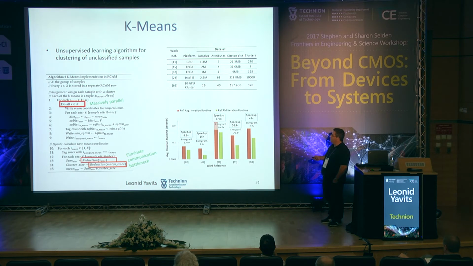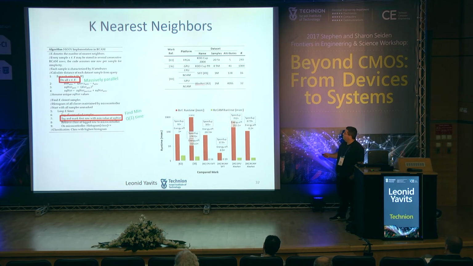And the other reason is, again, fine-grained parallelism, because we do the same simple operation, calculating Euclidean distance for every sample, for every dimension, for every center. So it takes a lot of time, but when you parallelize it in associative implementation, it becomes very, very efficient.